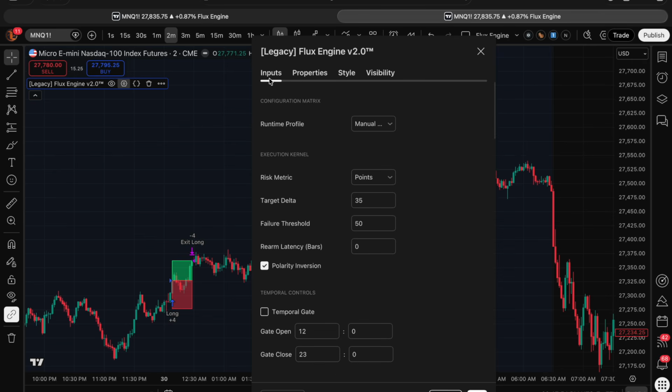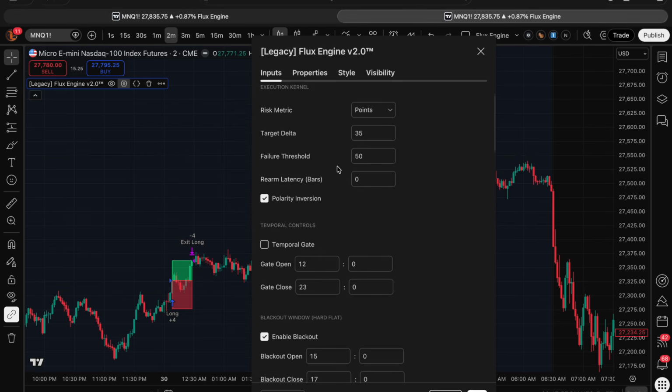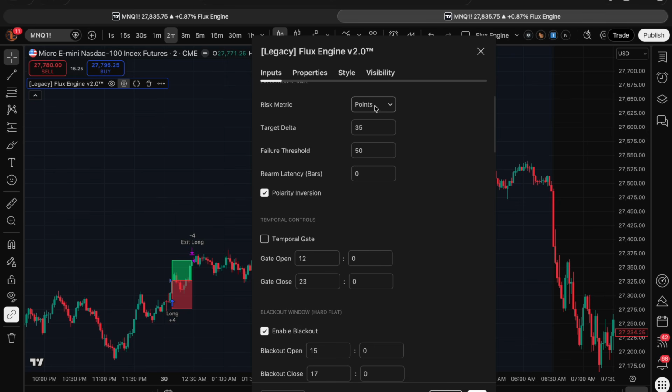But I do have the runtime profile, which is basically presets. This is really just risk metric. This is really just units. You can do points, ticks, or pips. I keep it as points. And then target delta is just another name for profit. So I keep it as 35 points.